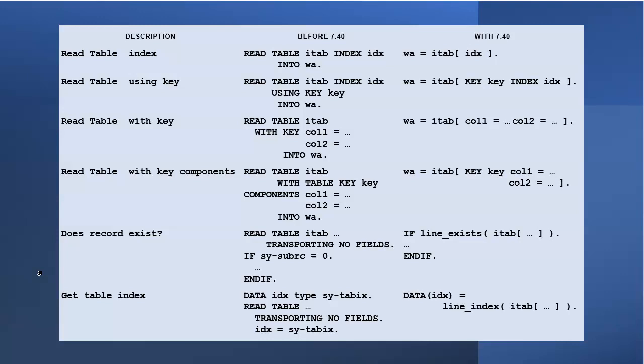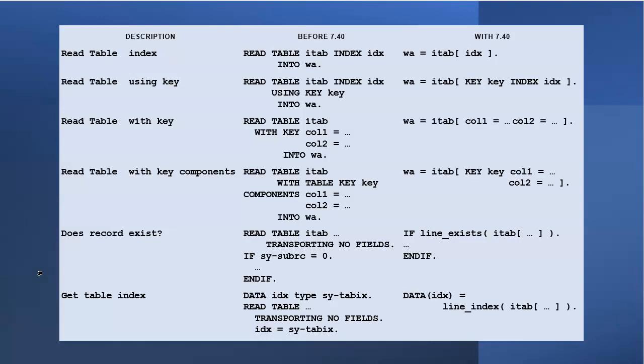Similarly, to read from an internal table using a key, you write the work area, then equals the internal table, then the brackets. Inside the brackets you write the key name and then the index number. You can do read table with the key, like when you have two key fields, by checking with work area equals internal table name in brackets with the field names you need to check.